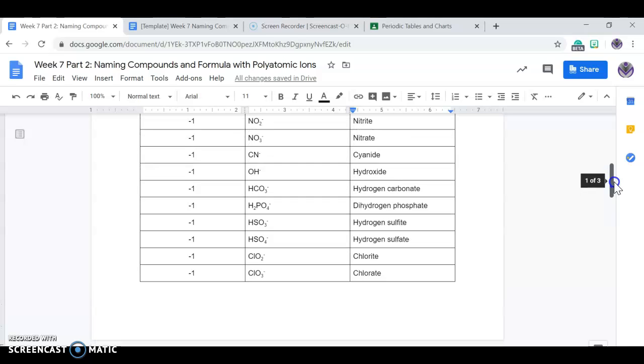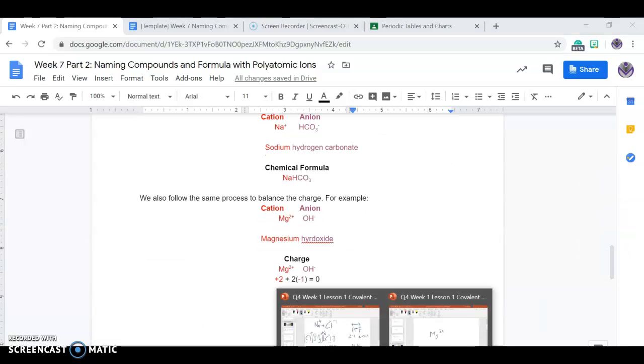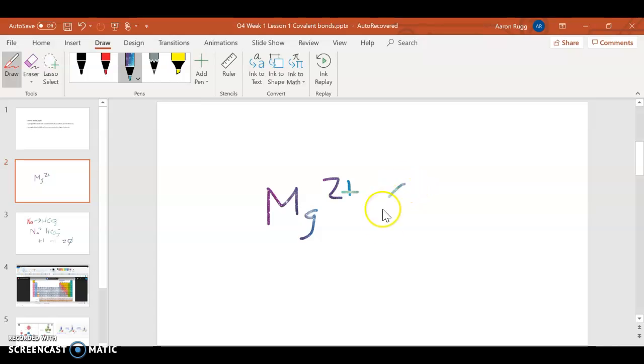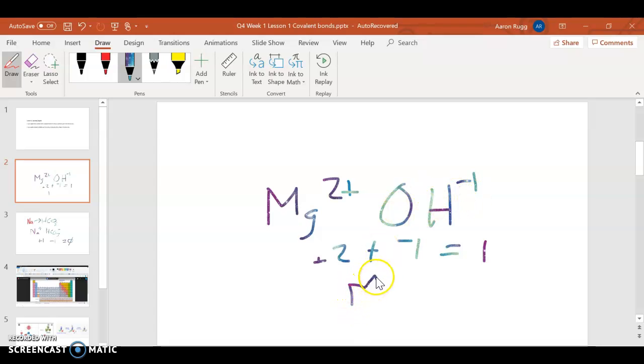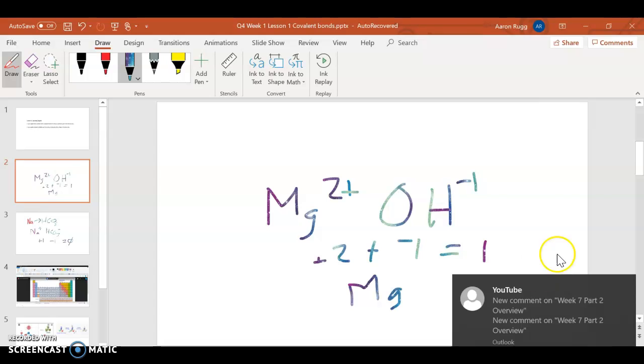Hydroxide carries a -1 charge. So if I go to balance this, 2 plus -1 leaves me with 1. So what am I going to do? I need 2 of these. So go ahead and write this.